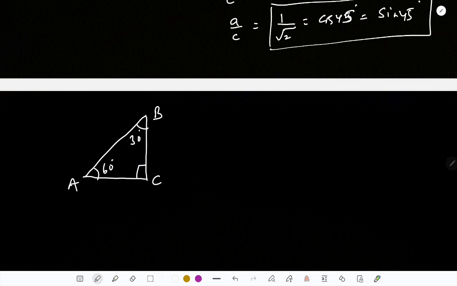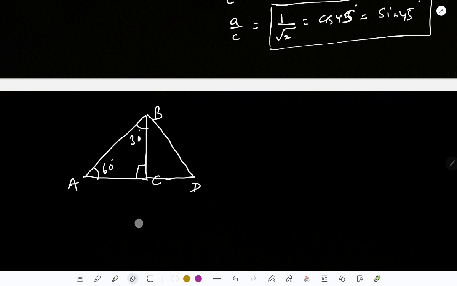And if we reflect A across the side BC, just we are trying to make a mirror image of A across the line BC, and we do it by creating a new point, new corner, and I name it D.